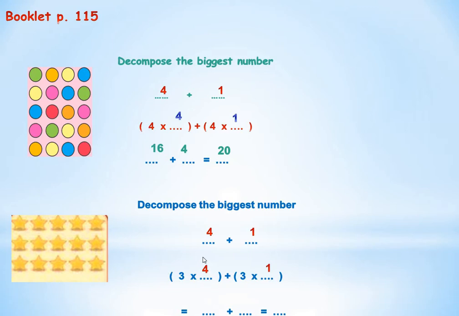First part, 3 times 4, it's equal, excellent, 12. Second part, 3 times 1, it's equal 3. Then we will add 12 plus 3 together. 12 plus 3 is equal, excellent, 15.